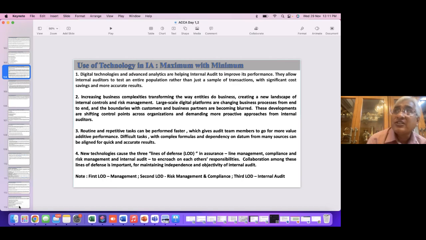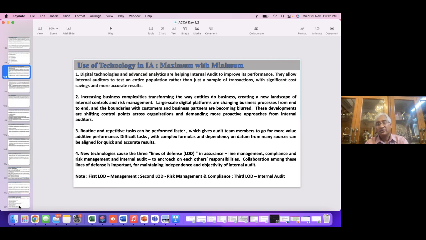Now new technologies cause three lines of defense in assurance, which we call LOD1, LOD2, LOD3. The LOD1 is actually the management who are deploying these technologies. LOD2 is the risk management and compliance function. They see in this sort of computerized applications whether appropriate risk management and compliance are there.